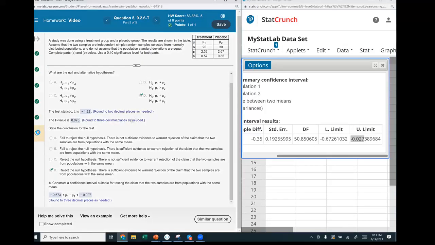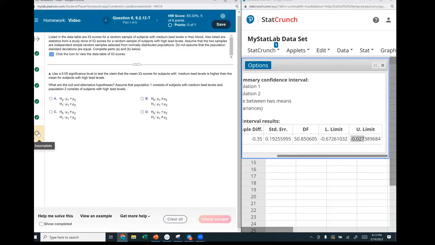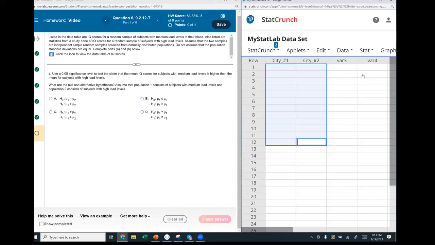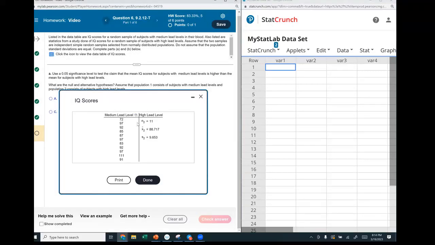The last problem, I'm not going to do completely because it is in your homework, but I did want to show you something that I didn't think that you knew. So I'll show you what I mean. When I click here, I'm getting here.